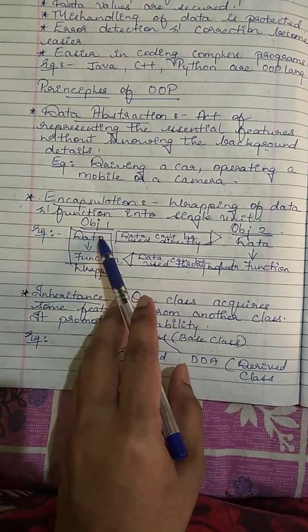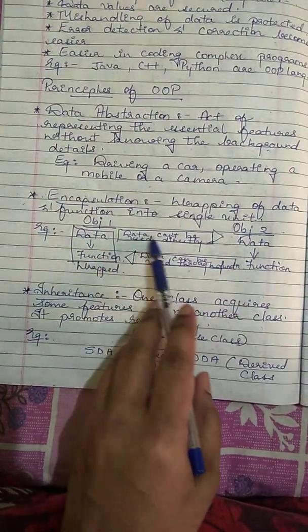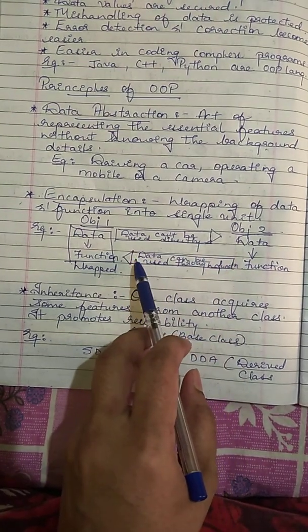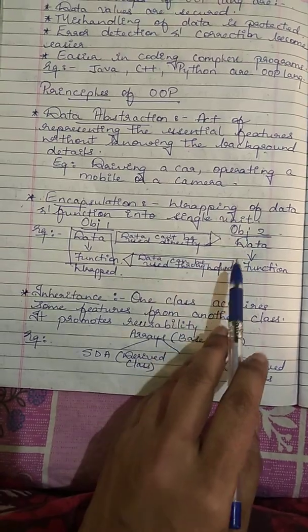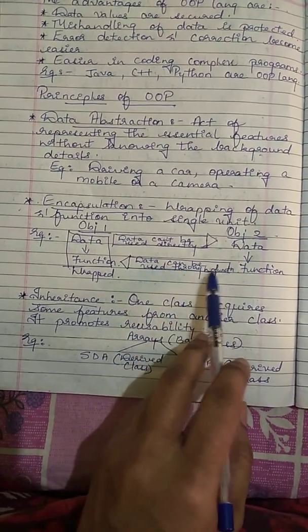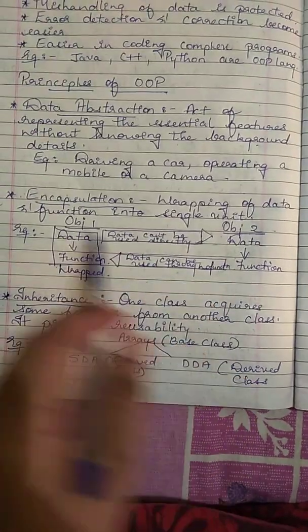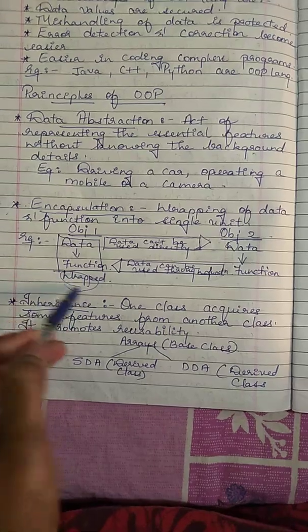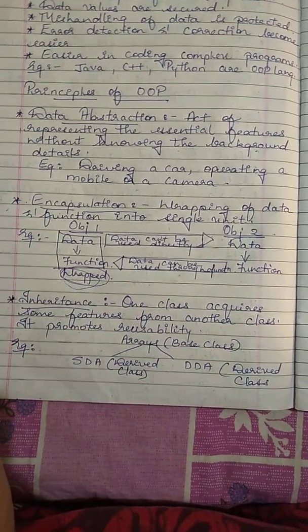If you want to pass the data from one object to another object, that can be done using functions. That means the data and function are wrapped together. Okay, that is called encapsulation.